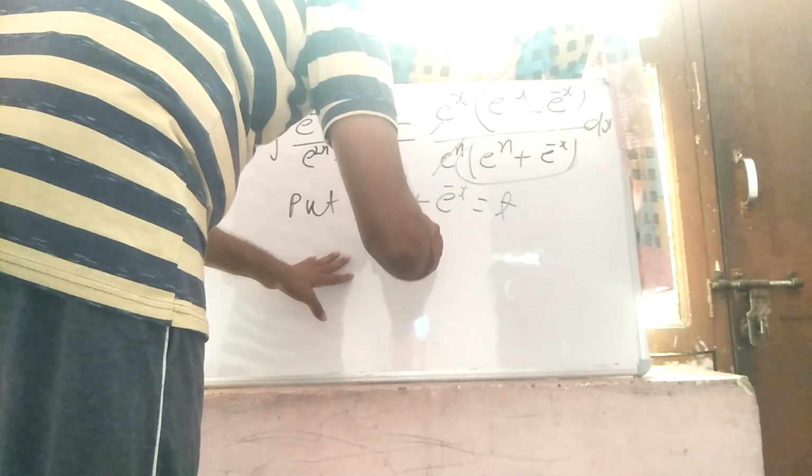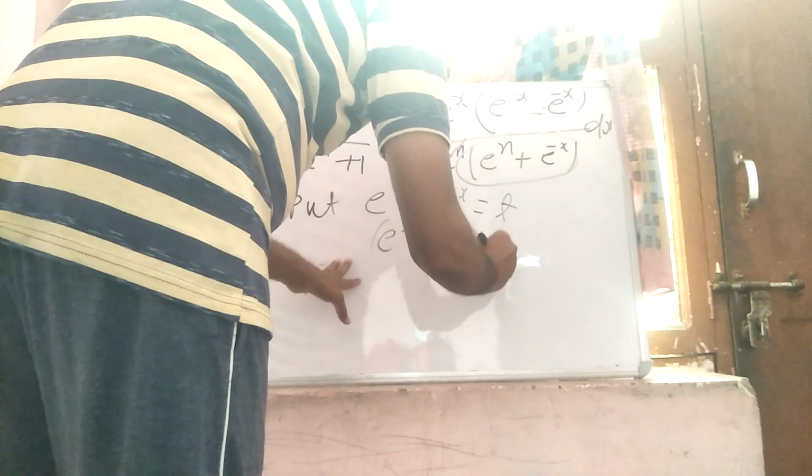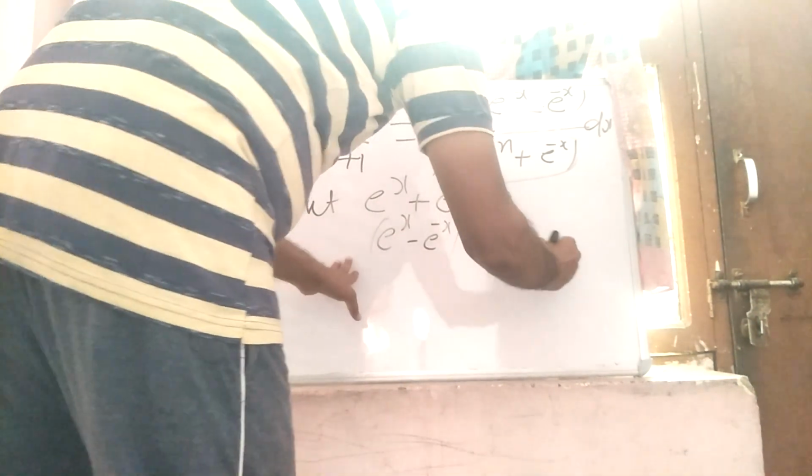So e to the power x minus e to the power minus x into dx equals dt.